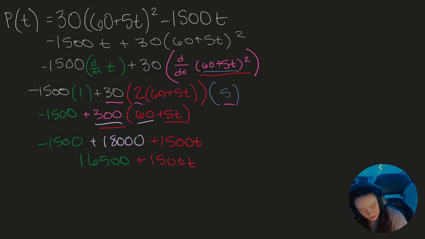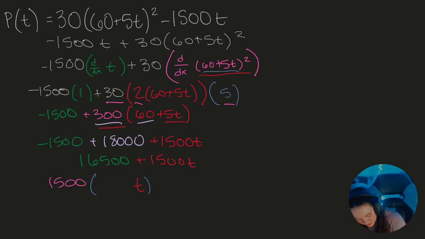All right, so at this point, we can divide this out. We can divide everything here by 1500. So we're going to have 1500 times what that divides out to be.